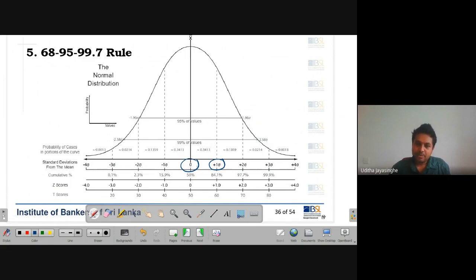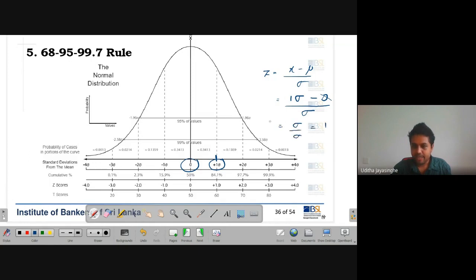So, if you calculate this particular value, what's the Z value going to be? We learned so far, x minus mu divided by sigma. So this x is going to be 1 standard deviation, minus mu which is 0, divided by sigma. The 0 is gone and sigma divided by sigma is going to be 1.